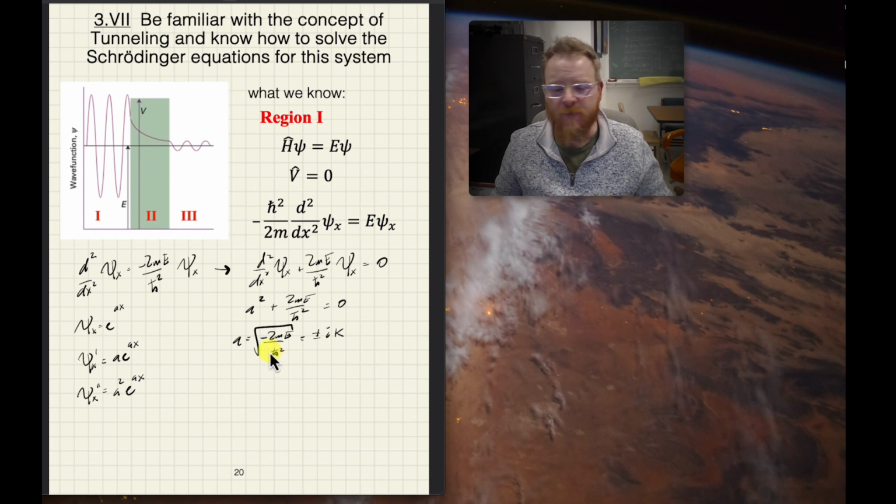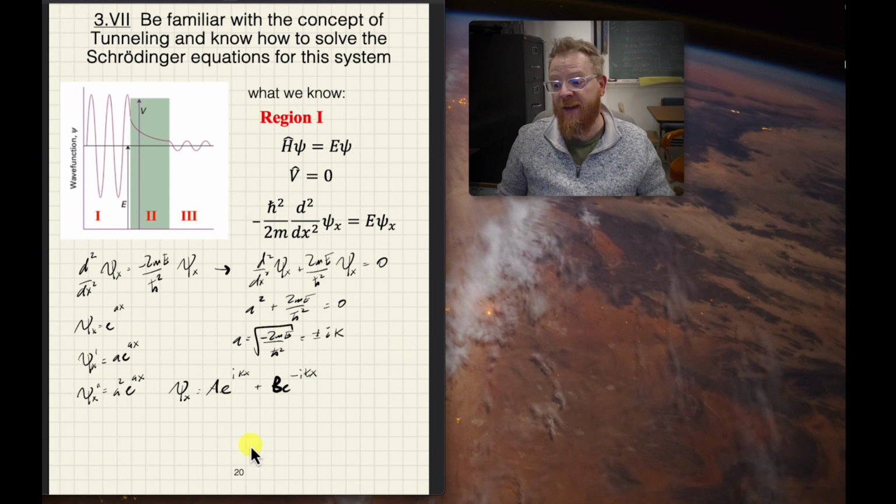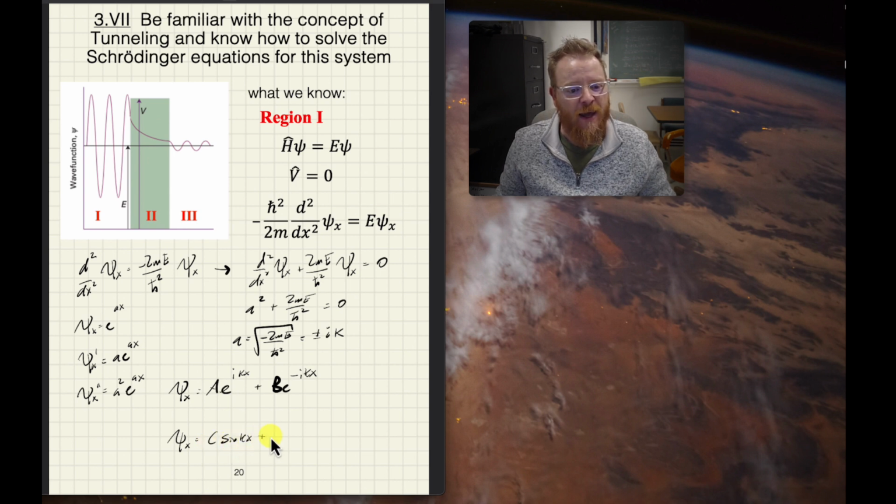Okay. And so then recall our general solution for the Schrödinger equation went something like this. A, some arbitrary constant yet to be determined, e^(ikx) plus B e^(negative ikx). And of course, we could also write that as some linear combination of sines and cosines.